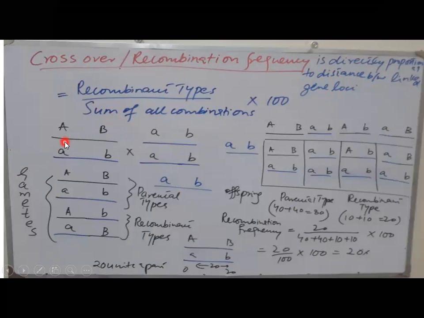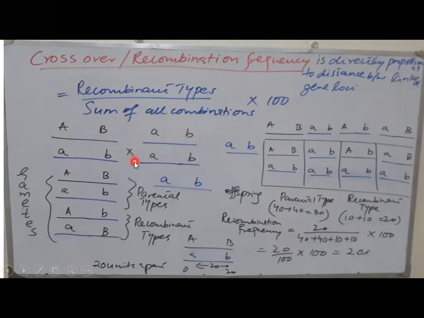For example, there is a chromatid capital A, capital B, and small a, small b. These are all the strands. This is parent 1, parent 2, parent 1, parent 2.